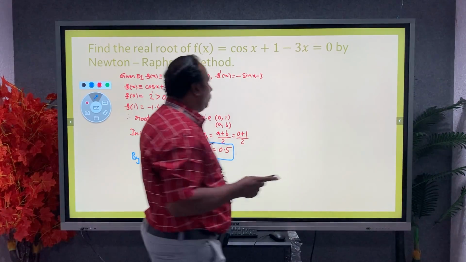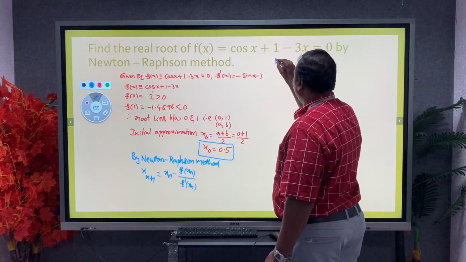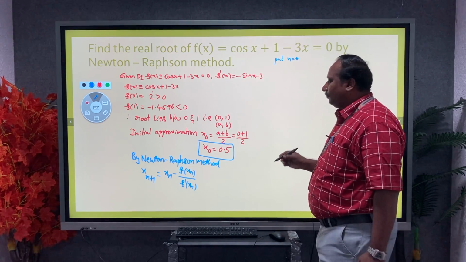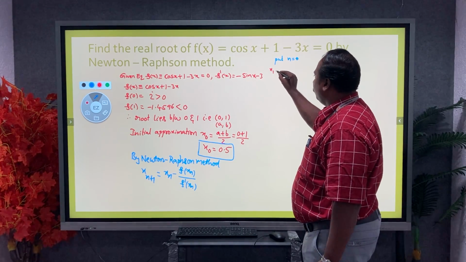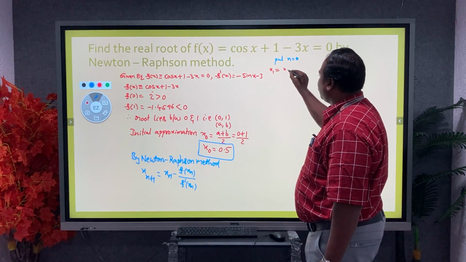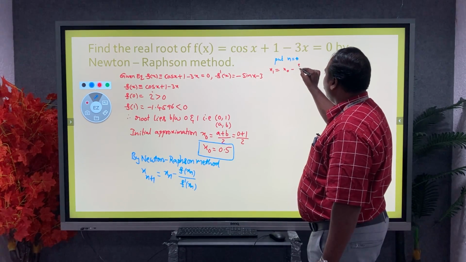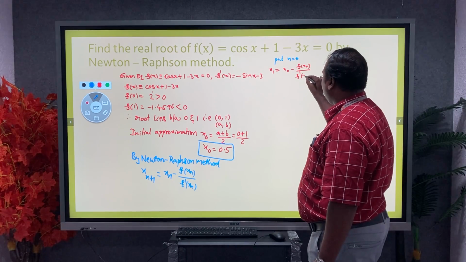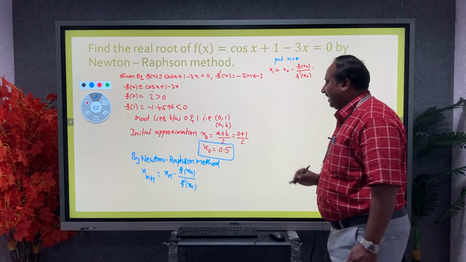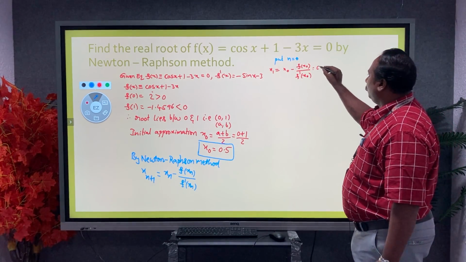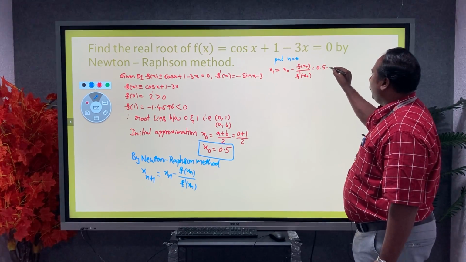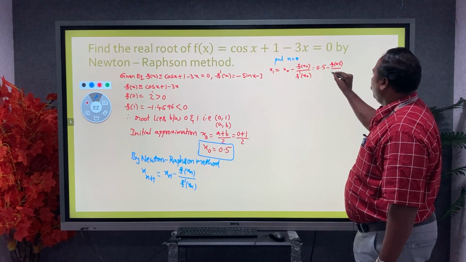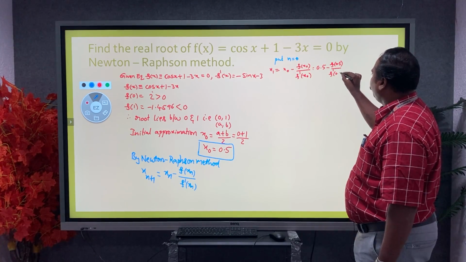Now put n equal to 0. Then the formula becomes x1 equal to x naught minus f of x naught by f dash of x naught. What is x naught? The x naught value is 0.5, so 0.5 minus f of 0.5 by f dash of 0.5.